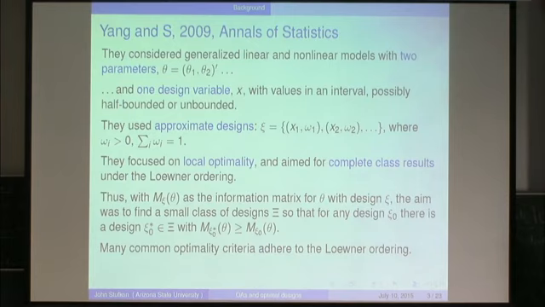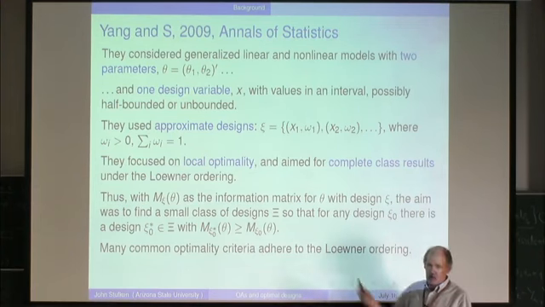The same is true for any other optimality criterion that's consistent with this Loewner ordering. That's nice, and it means the search for optimal designs can be restricted to the smaller class. It doesn't matter what optimality criterion you want to use, as long as it is consistent with the Loewner ordering, so as long as it's information matrix based.